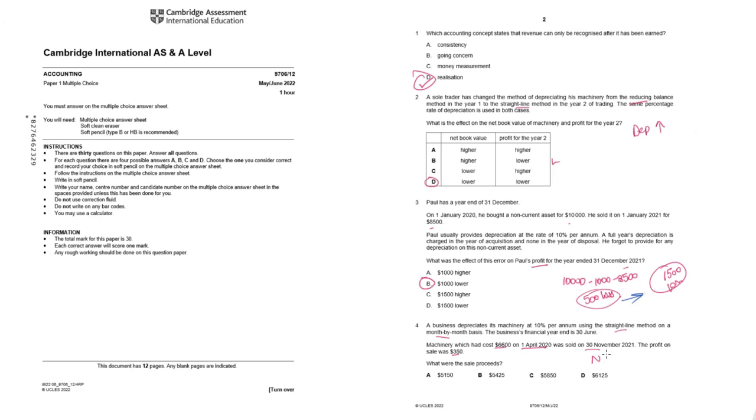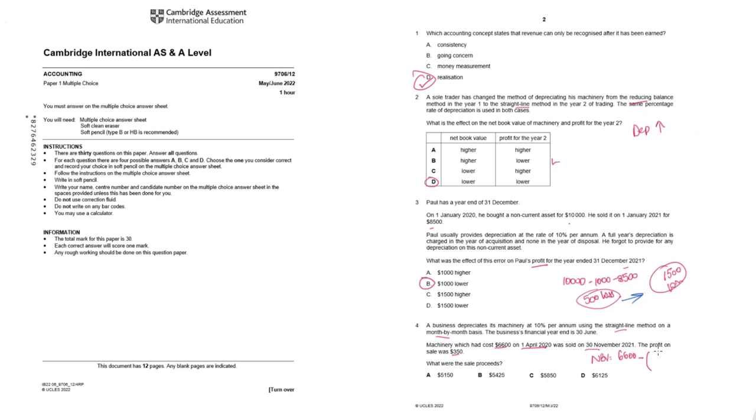First, we need to calculate the net book value, which will be cost 6,600 minus depreciation that is totally provided when the asset was being used. So how many months was the asset used? If you count from 1st April to 31st March of next year, 2021, it will be 12 months. Then from 1st April 2021, if you count until 30th November, it will be another 8 months.